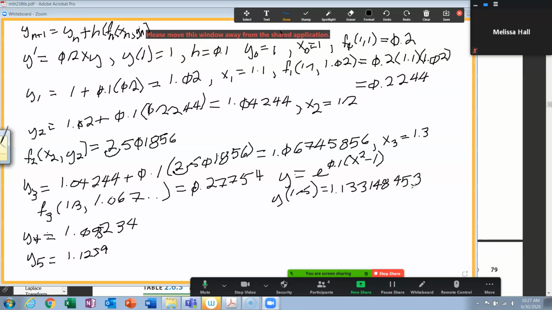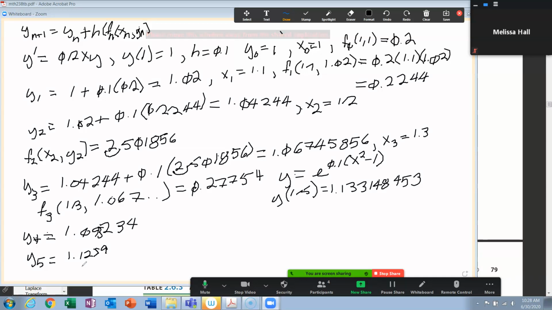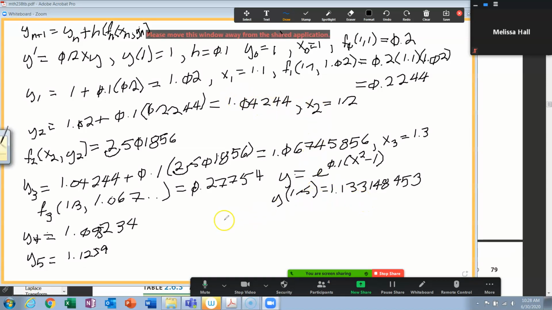That's way more digits than you need. Okay, this is the actual value. This down here is our estimated value. So we're off by less than 0.01. Okay, so our absolute error was 0.0073. Not bad. The relative error is you take that absolute error, which is the actual value, this one, minus the calculated value, that gives you your error, divided by the actual value.